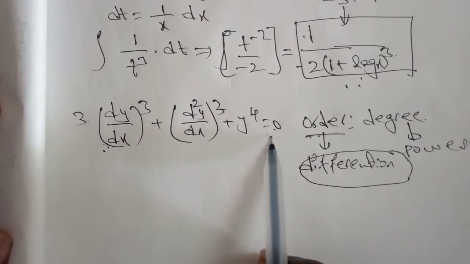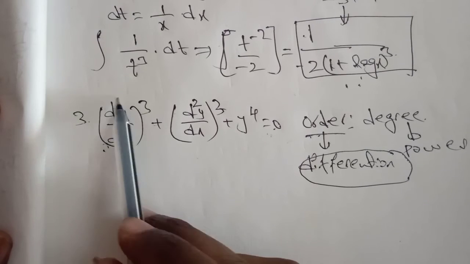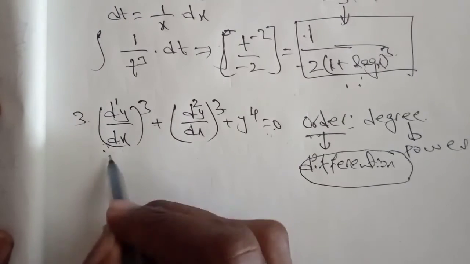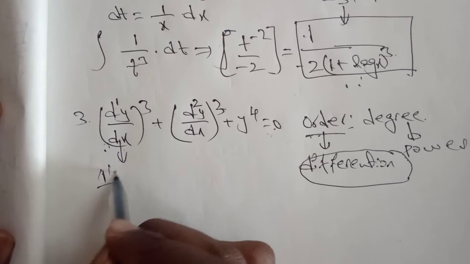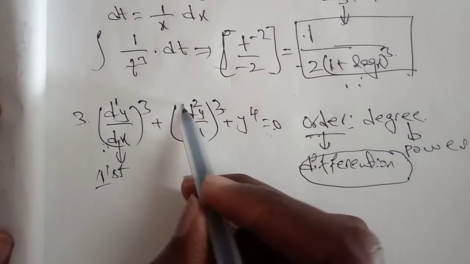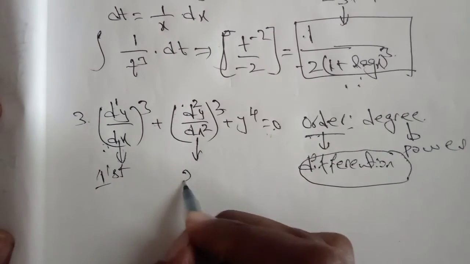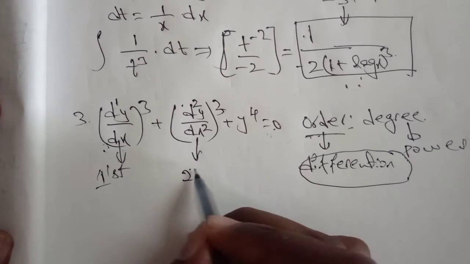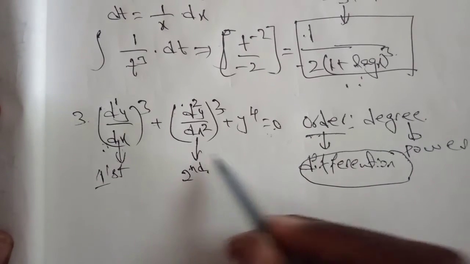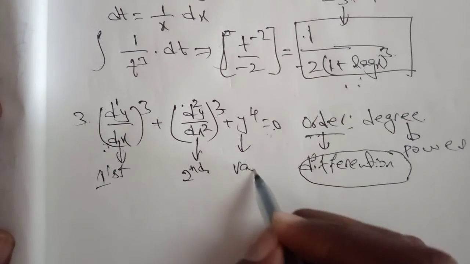You see the first term, dy by dx, is a first order differentiation. And this term, d square y by dx square, is a second derivative. Then this is y power 4, a constant term, a variable term.